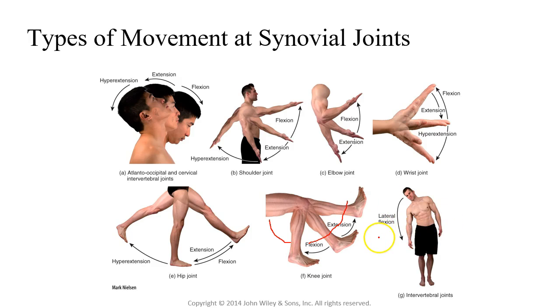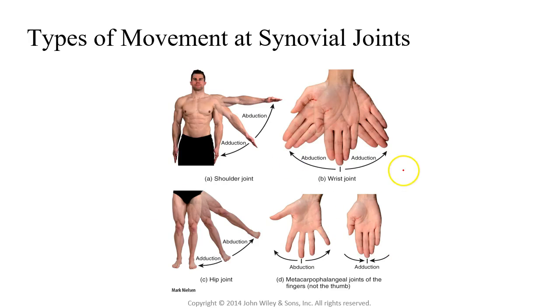Lateral flexion is flexion in the lateral plane, so in the frontal plane. A couple other ones are abduction and adduction. Take good care to note ab versus ad. Abduction, we are taking a body part farther away from the side of the body.